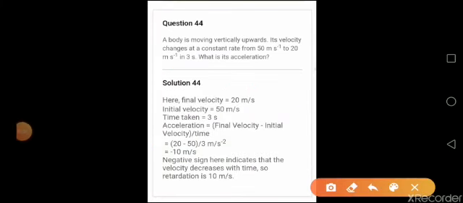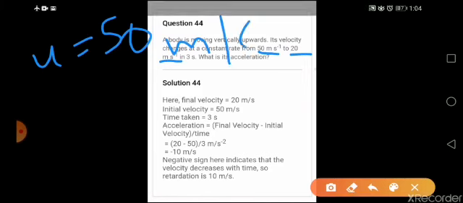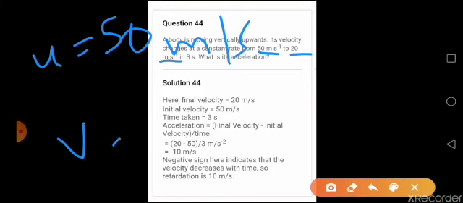Now coming to question number 11. In question number 11, it is given a body moving vertically upwards. Velocity is changing from 50 meter per second to 20 meter per second. That is, initial velocity u is equal to 50 meter per second, and final velocity v is equal to 20 meter per second.